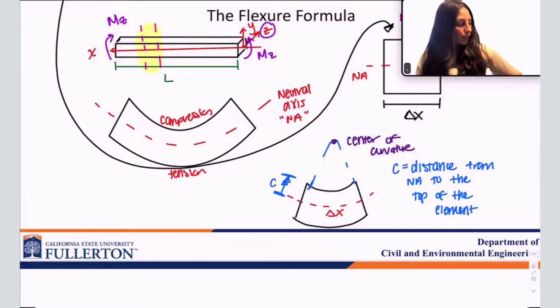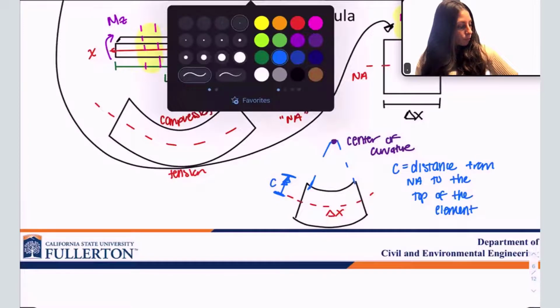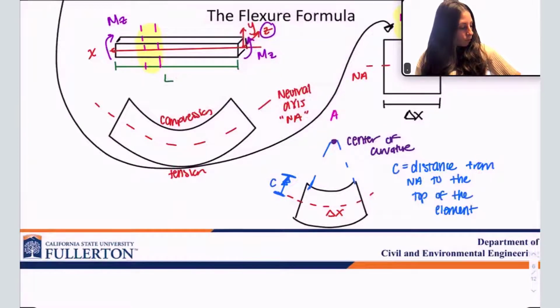Remember that this is before loading here, and this is after loading. The neutral axis in the middle remains unchanged in length. There's no change at the neutral axis.